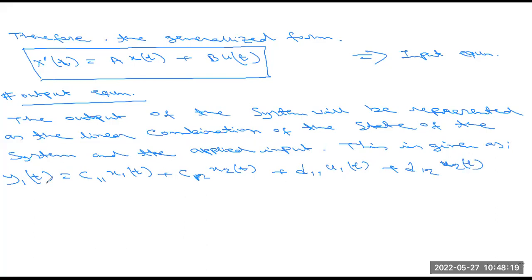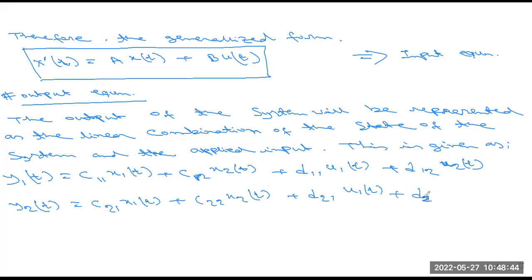Okay, so this is the first output equation for y1(t). Another one is y2(t). This is the same as the previous one: c21 x1(t) plus c22 x2(t) plus d21 u1(t) plus d22 u2(t).